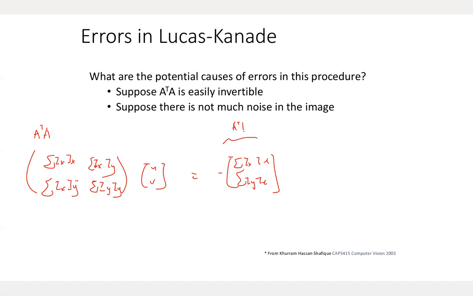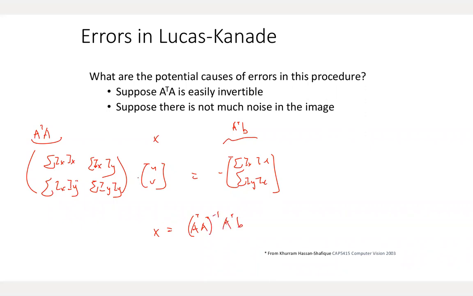This is the A transpose B here. So remember, I have this X here. If I multiply by A transpose A inverse on both sides, again I will have X equal to A transpose A inverse A transpose B.